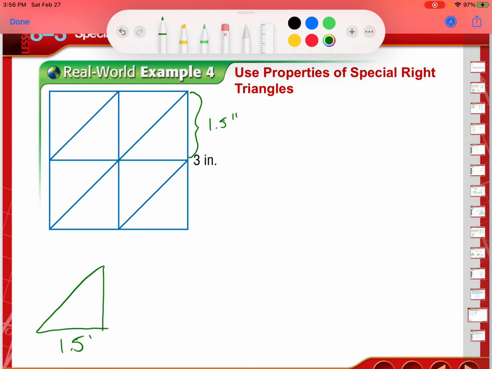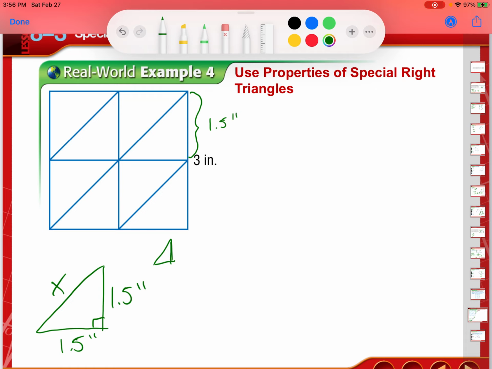So I'm just going to pull a triangle out here. So we have 1.5 inches, 90-degree angle, 1.5 inches, and then we have unknown, what we're trying to solve for. I'm just going to call that X. Now, what we could do, if we wanted to, is use the Pythagorean theorem. There's no law against it.